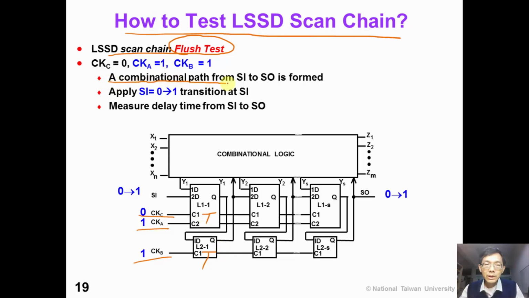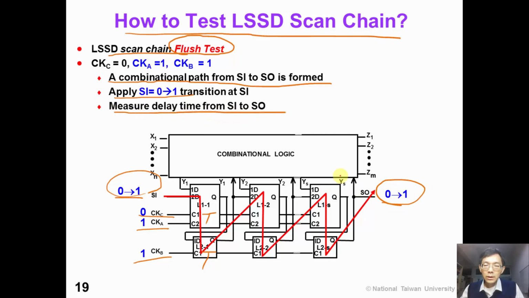So we form a combinational path from scan input to scan output, like this. When we apply a signal transition from 0 to 1 at the scan input pin, we can propagate this transition all the way to the scan output pin, and we can measure the delay time from SI to SO so that we can determine whether this scan chain is good or faulty.